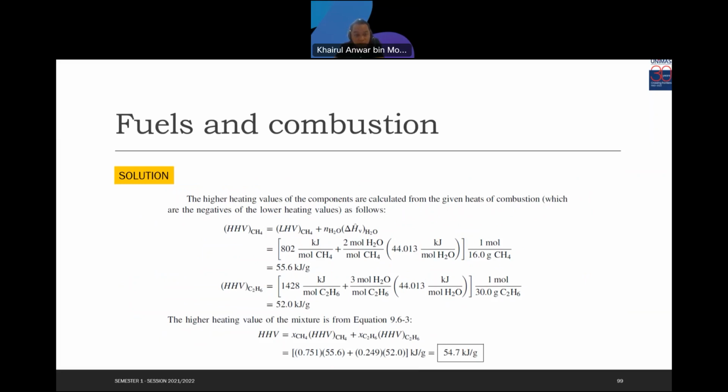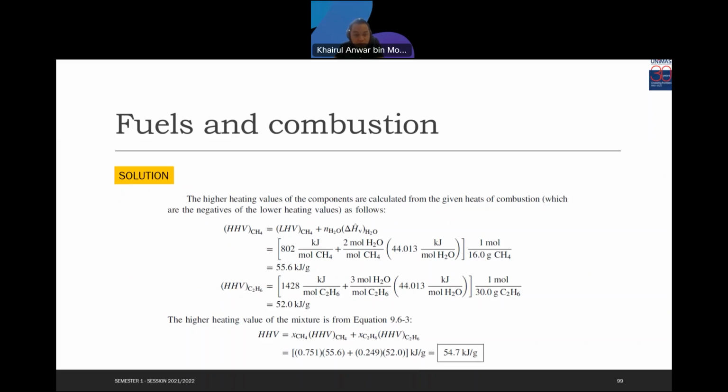For the higher heating value of C2H6, we take 1428 kilojoule per mole from delta Hc, heat of combustion, plus 3 mole H2O per mole of ethane times delta HV of H2O. One mole has 30 gram of ethane, this is the molecular weight.